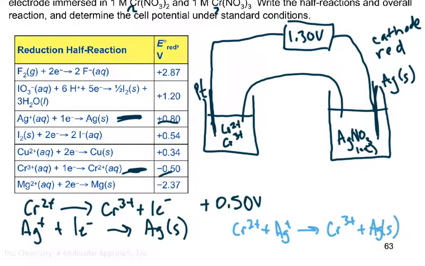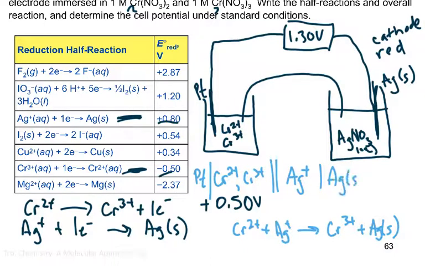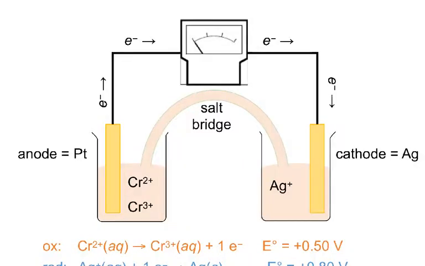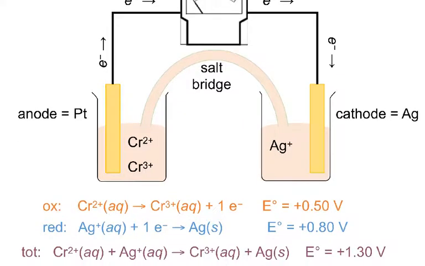And then if I wanted to write my electrodes here, it would be platinum line Cr2 plus, comma, Cr3 plus, double line Ag plus, Ag solid. So then we can look at the answer there, 1.30 volts.